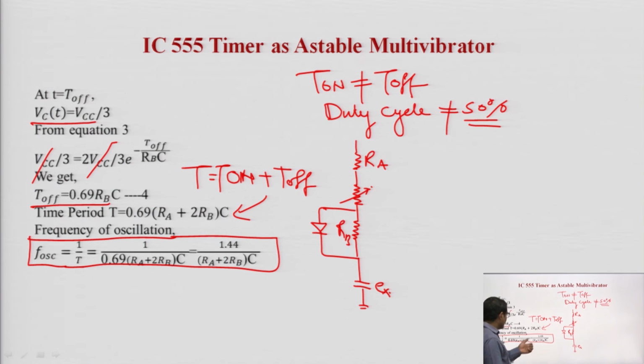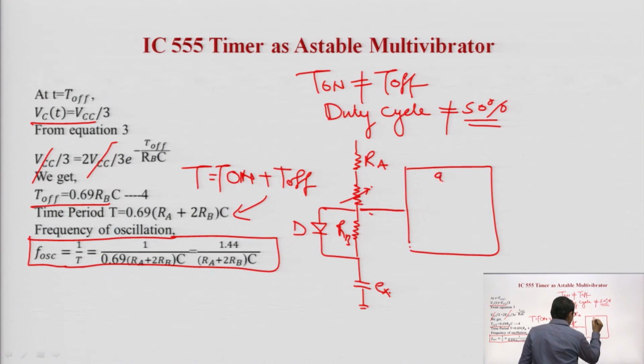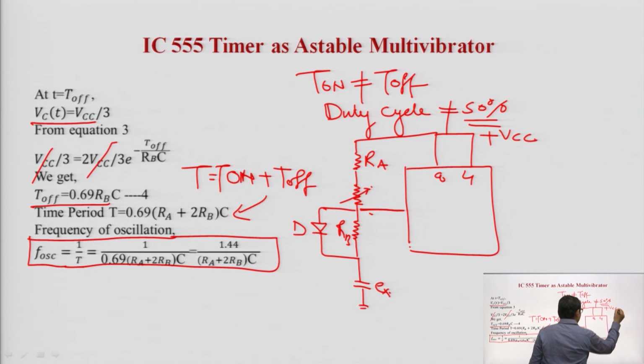If we put Ra equal to 0, then it comes t on equal to t off, meaning duty cycle 50%. But if you put R equal to 0, it may damage the IC due to the high power supply. So another thing, we put here the diode across Rb, and this is our IC, 555, started with the plus Vcc.